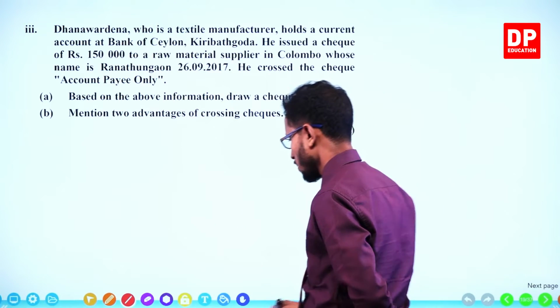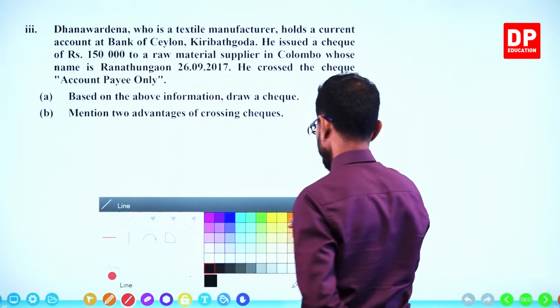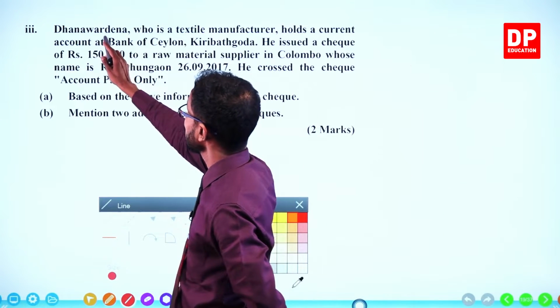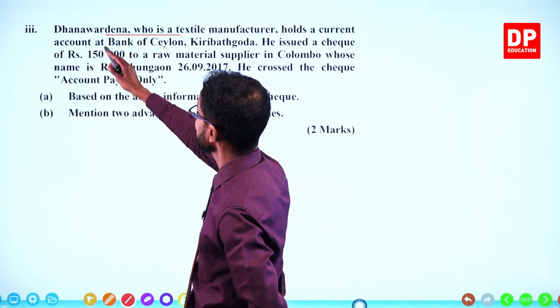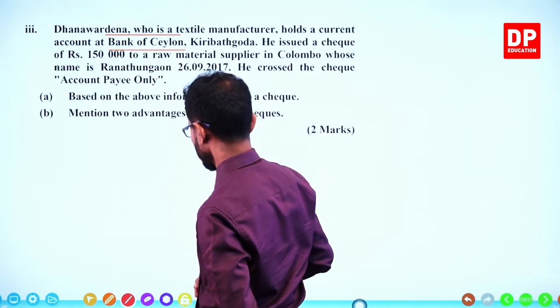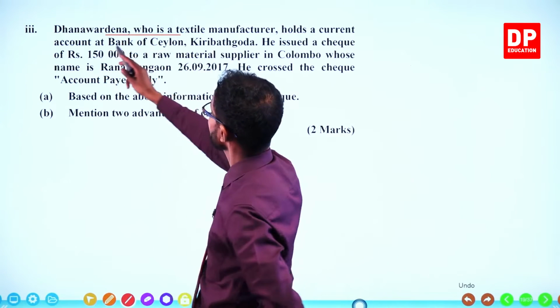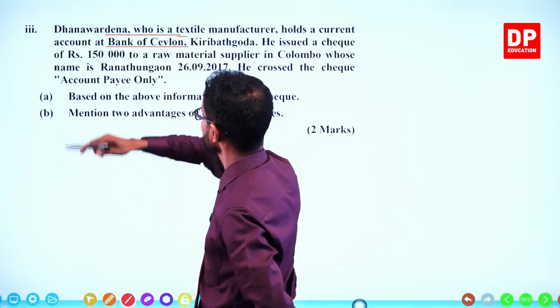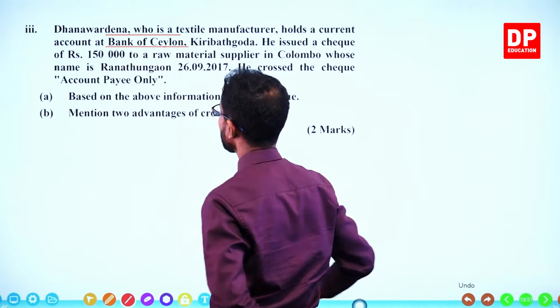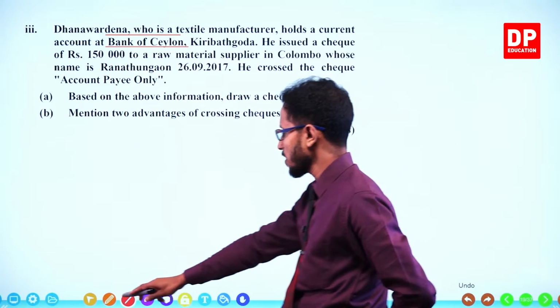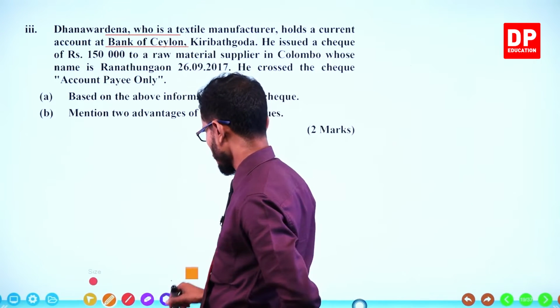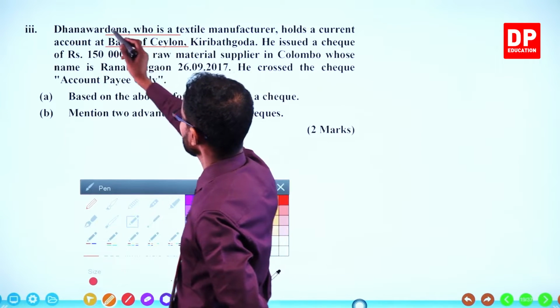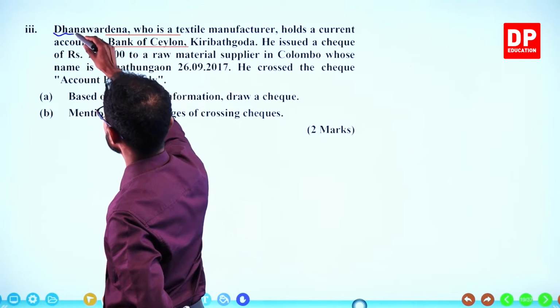I will use the color for BOC. This is the BOC color, see? Bank of Ceylon. Dhanawardhana is the account holder. This guy is the account holder.